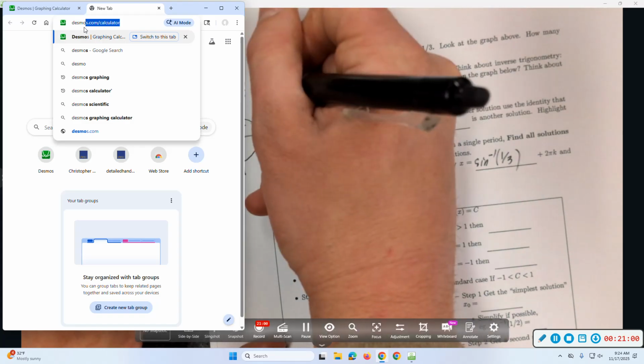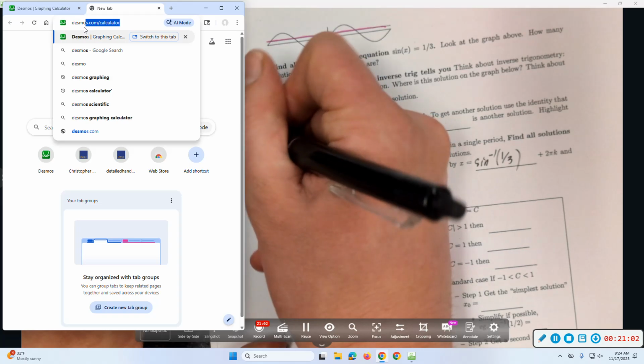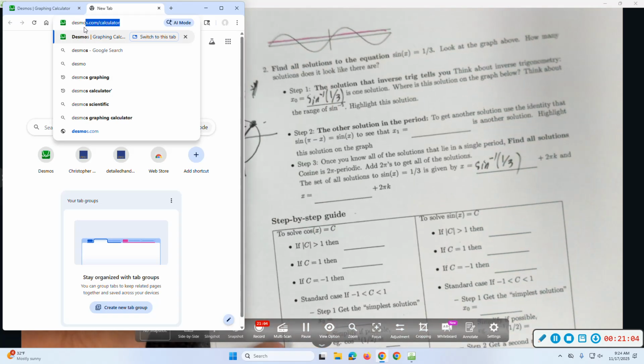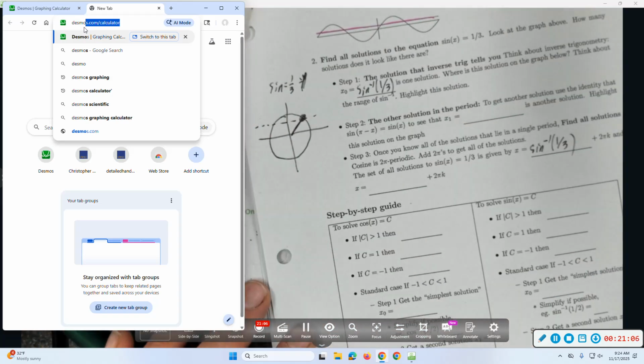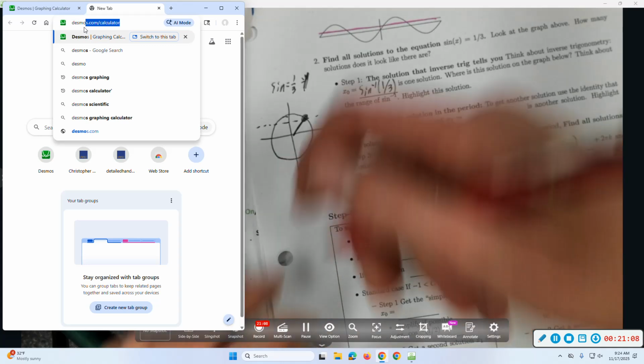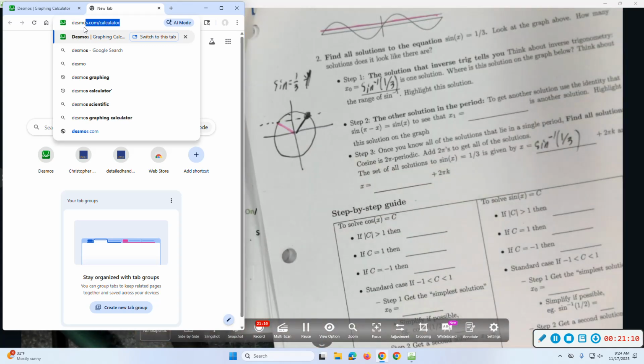Sine is the y value on the unit circle. So far we found that solution. I want that solution. How do you get that second solution? I guess we can think of the symmetry of the circle that's happening? Reflection over the y-axis.